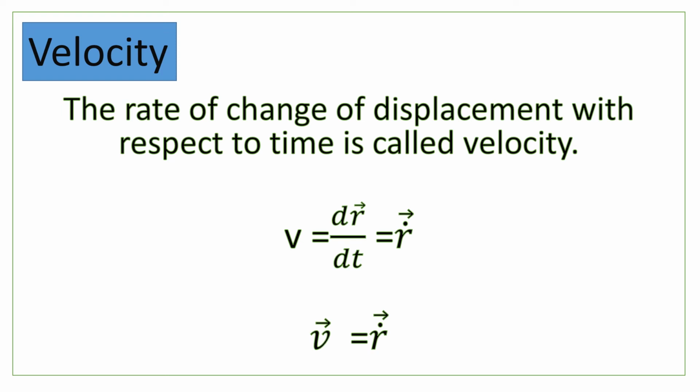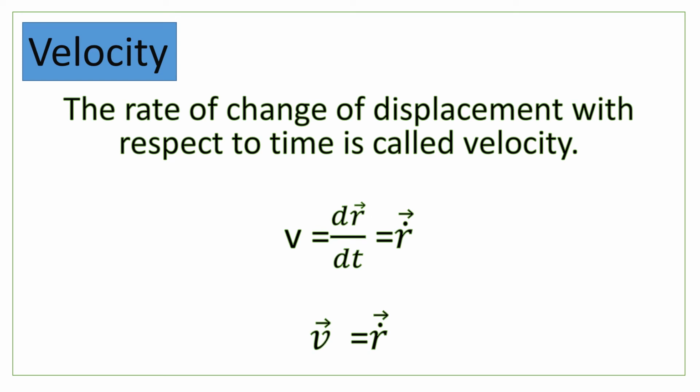For the representation of the differential form of a position vector of the first order, we use a single dot above the vector with the vector sign. So we can say that the v vector is equal to the r dot vector, and that is called velocity. In classical mechanics, we use the differential forms of the vector, represented by dots above it.